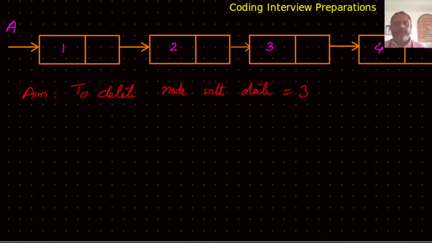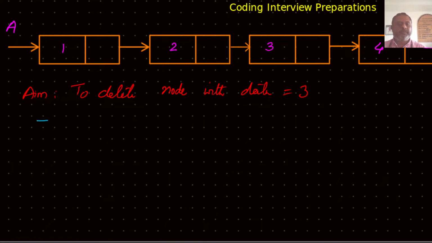Hi friends, in the last session we were discussing some shortfalls of the singly linked list. Now what is it? Let's look at how to delete a node having data equal to 3.